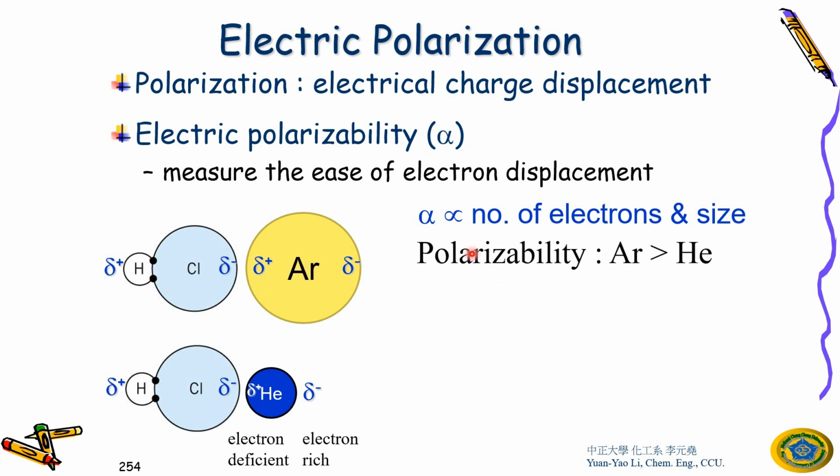So that's why we say the polarizability of argon will be stronger than helium. So the bonding of these two species will be stronger than the bonding between these two species.